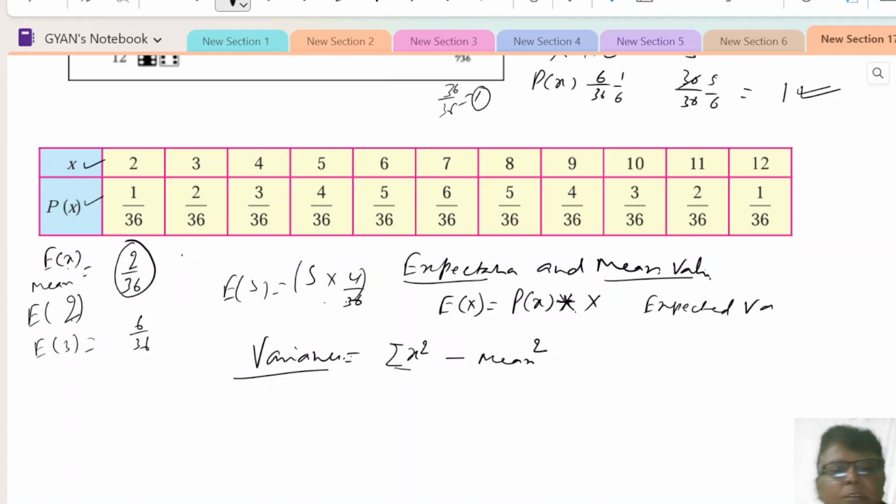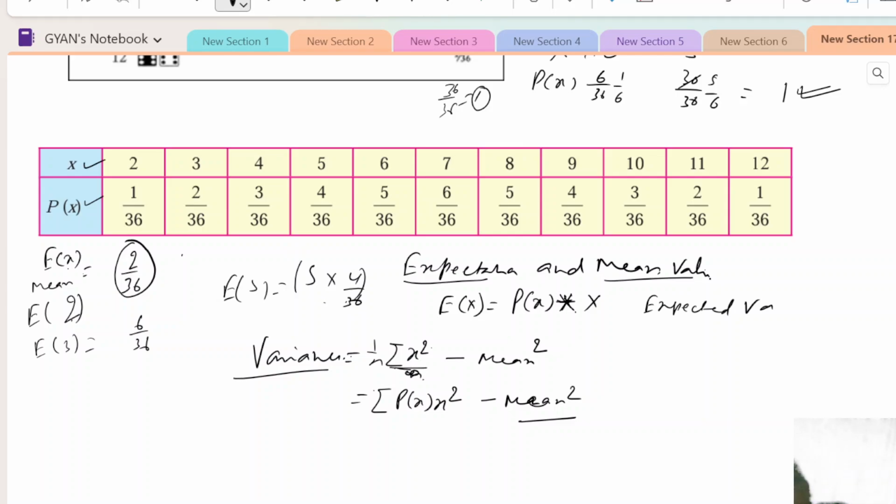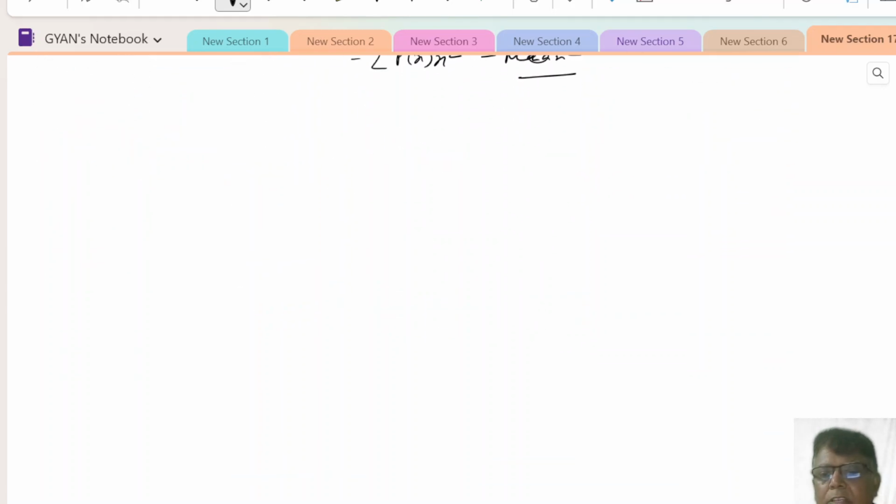So here we will do the same thing. Here variance is equal to sigma p(x) into x square minus mean square, or 1 by n. This is the variance.